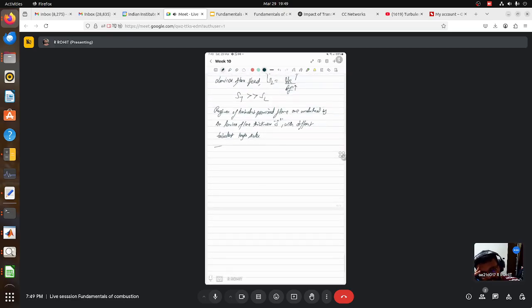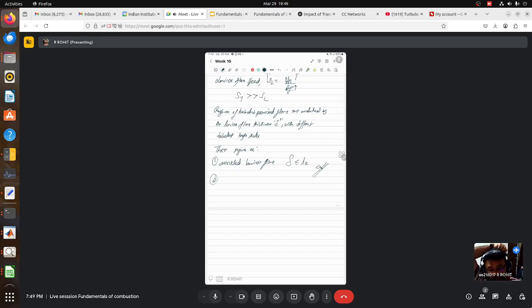So there are three regions available. One is called the wrinkled laminar flame, where the delta is way less than your Kolmogorov scale. So it's like your thin zone, but your particles cannot enter into this.